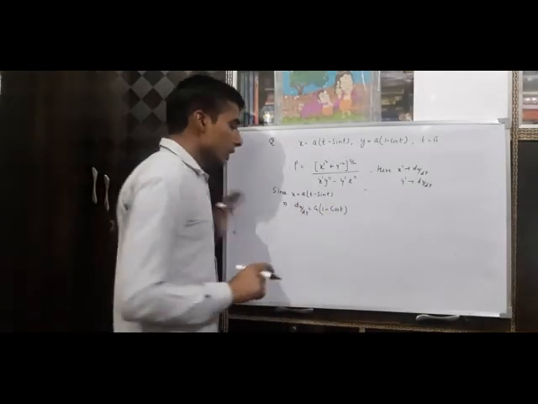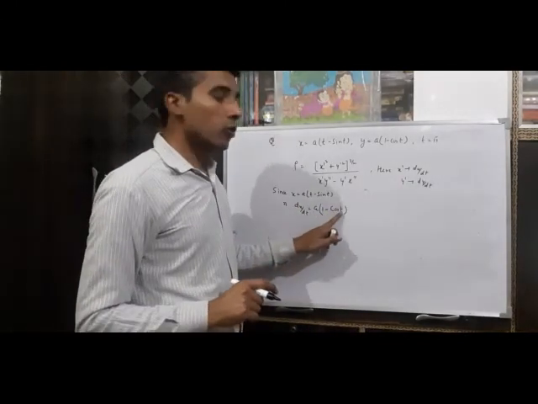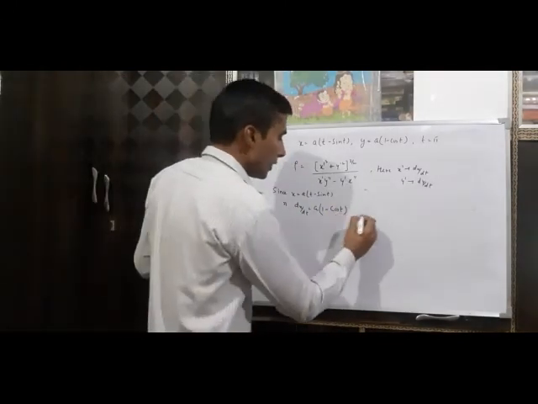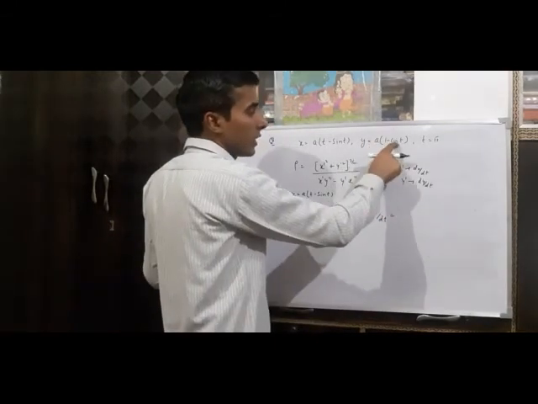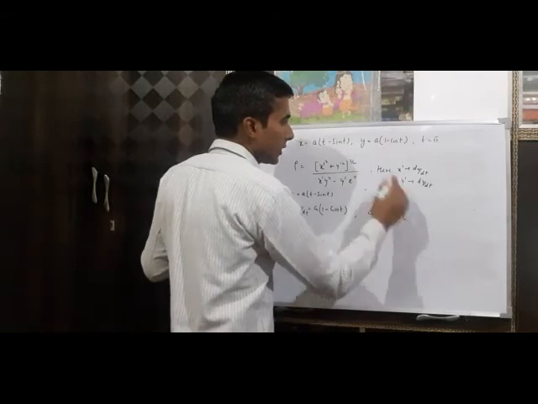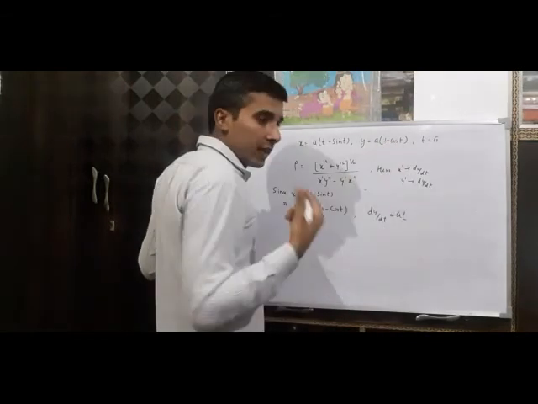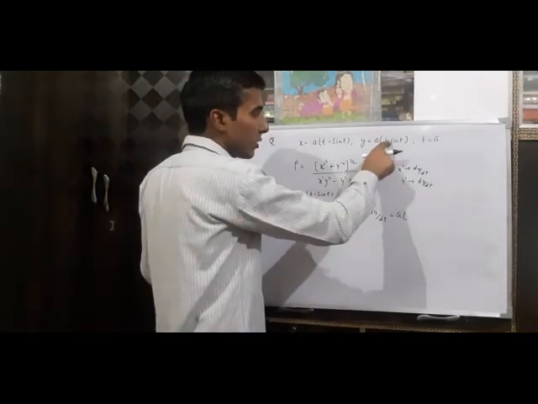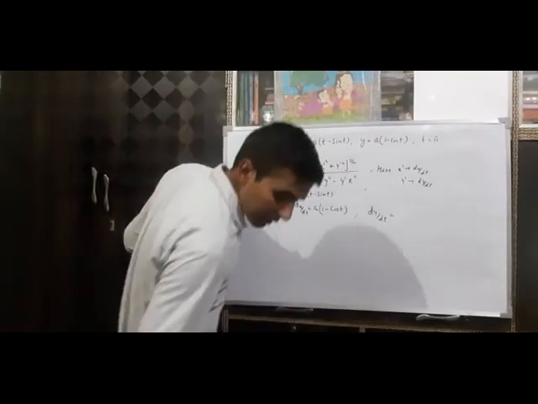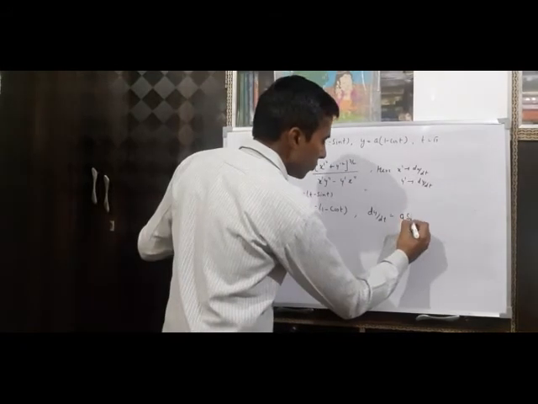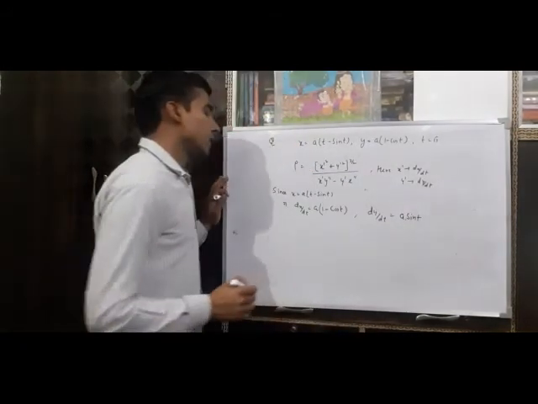So this is a into 1 minus cos t. Now dy by dt, as y is a into 1 minus cos t, a is constant and the derivative of cos t is minus sin t, and the minus given here makes this plus. So the derivative of y with respect to t is a sin t.